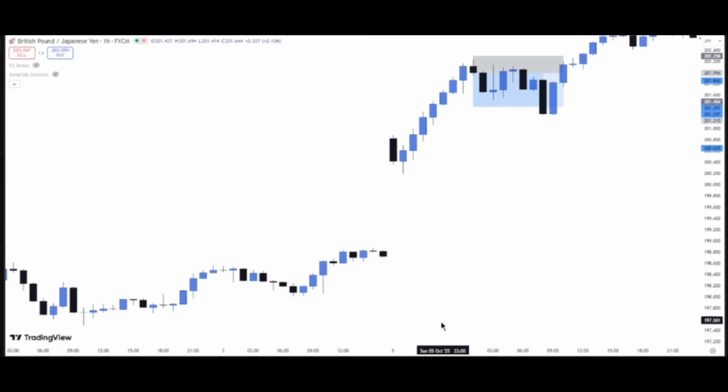Okay, so this is the first example that I want to show you just right here. But first of all, you have to determine the structure of the market in a very simple way. And I've told you, you need the 1, 2, 3 pattern. That's impulse, correction, impulse. So if we are taking it from here, you'll find out that we have an impulse, correction, and impulse.